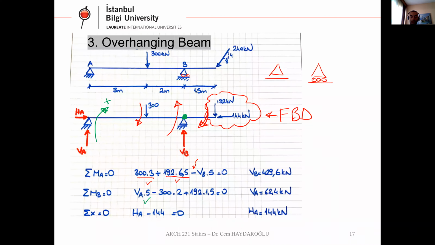Now we have 300 times 2. This 300 rotates the system in this direction. So it's negative. As you can see, we have minus 300 times 2.